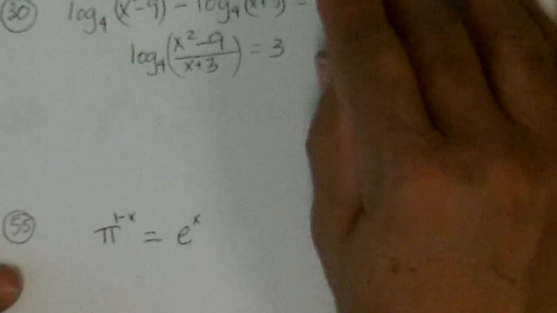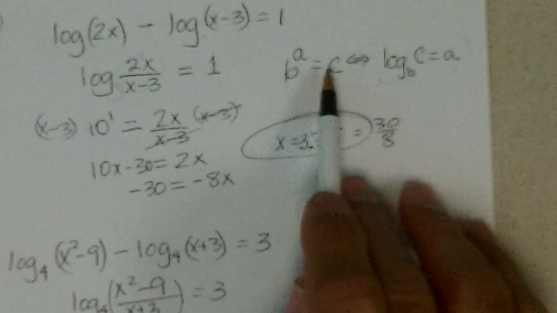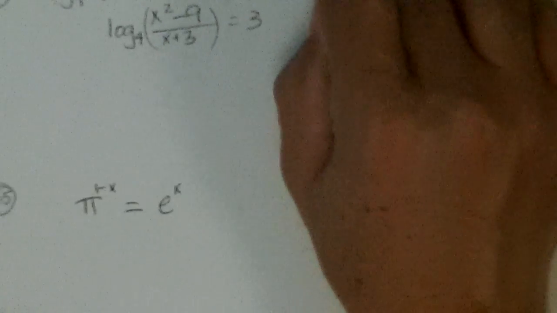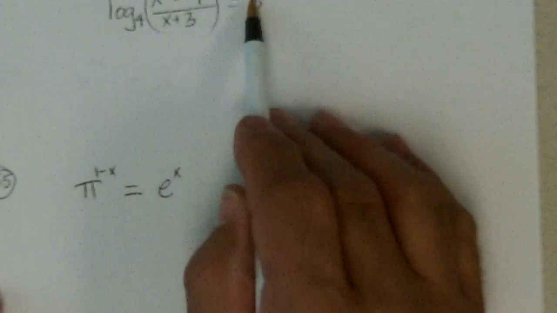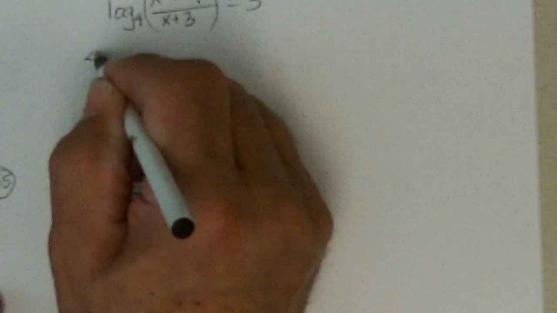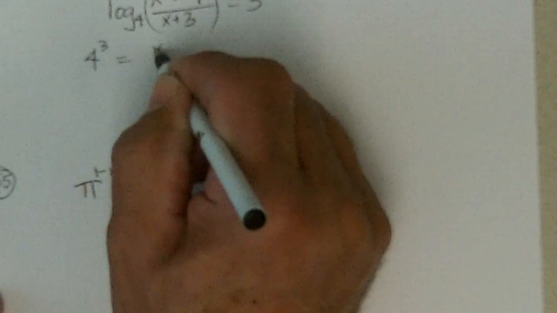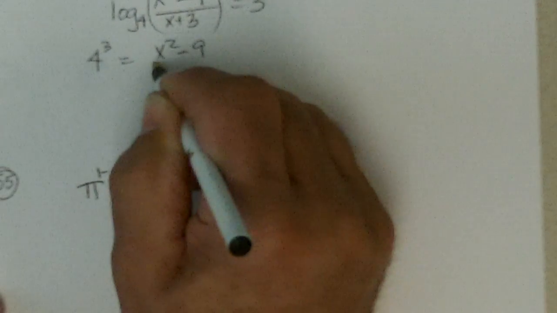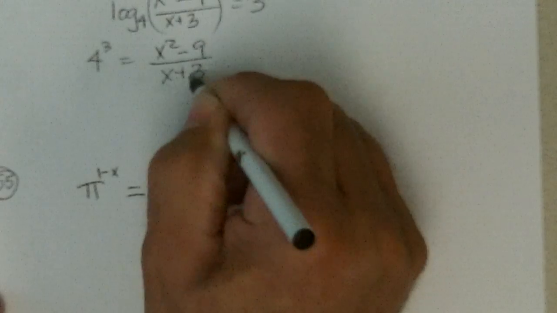So now using the change from a log to a power, I get this 4 to the third equals x squared minus 9 over x plus 3.